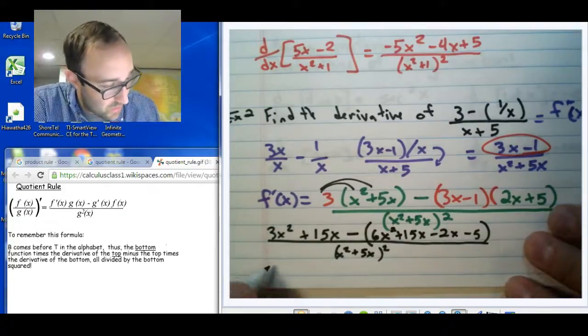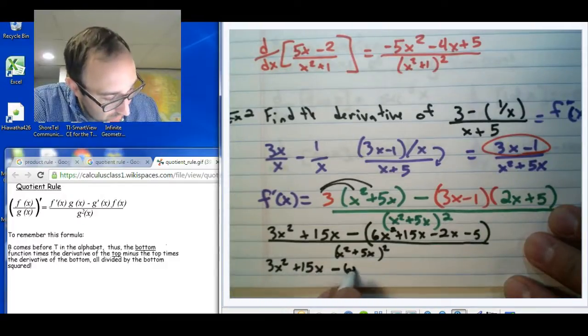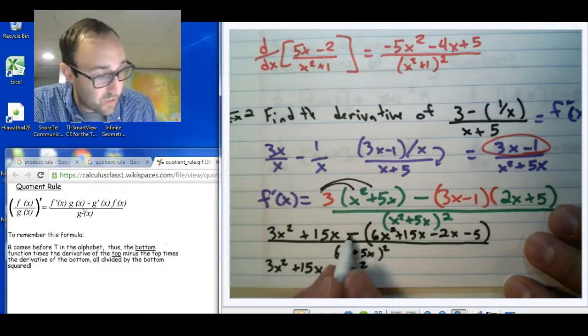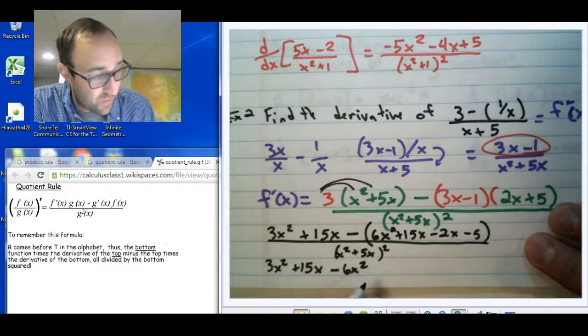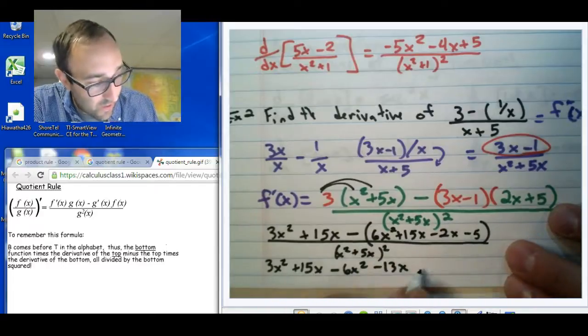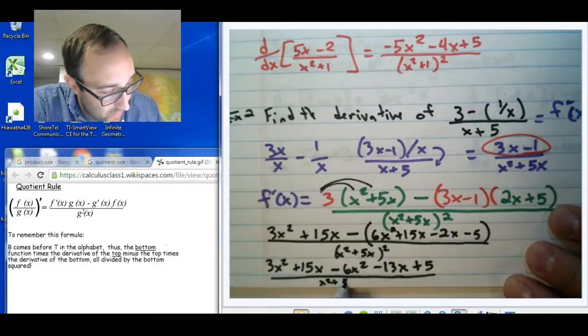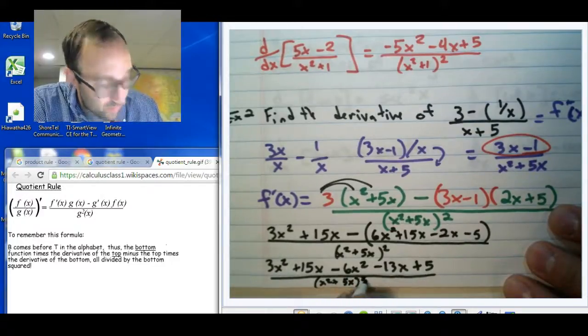So we're going to write this as 3x squared plus 15x, minus 6x squared, distributing that minus in. 15 minus 2 is 13, so it's minus 13x, and minus a negative 5 is plus 5, all over (x squared plus 5x) squared.